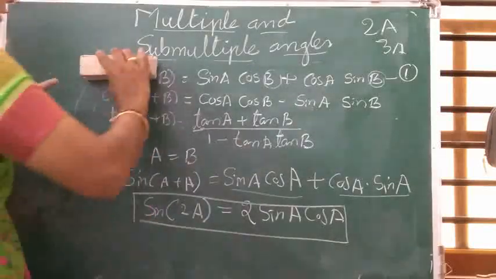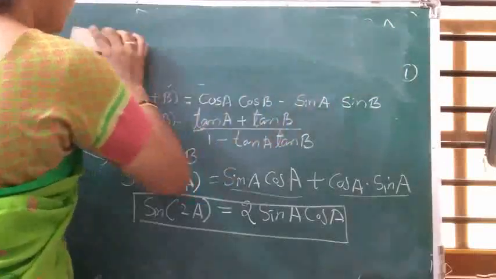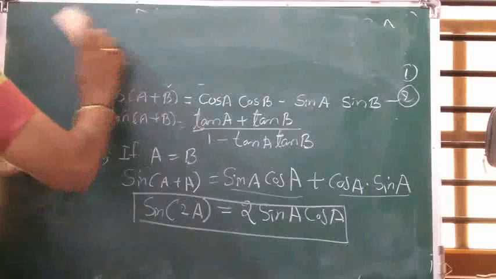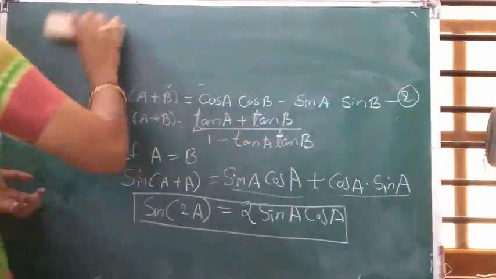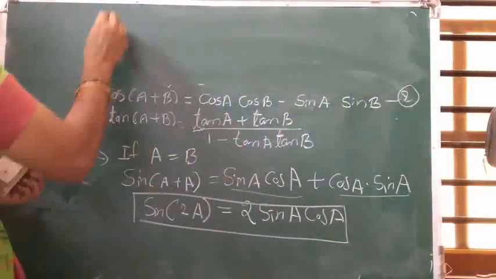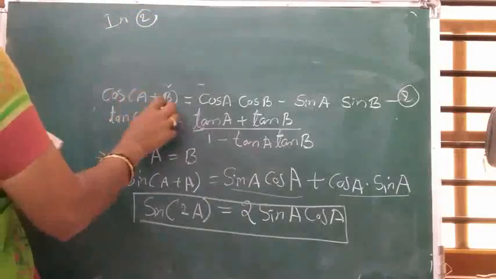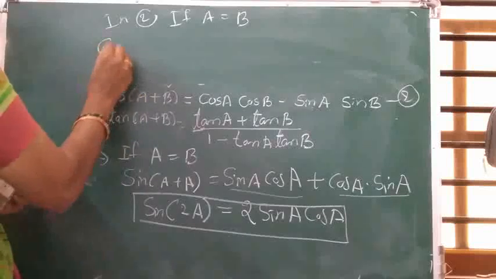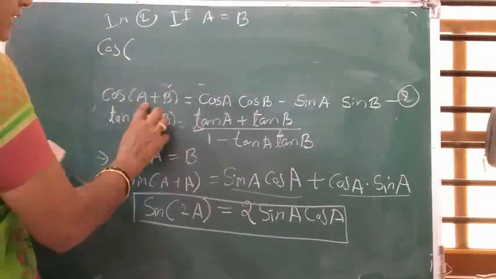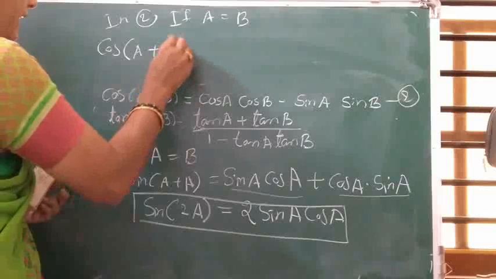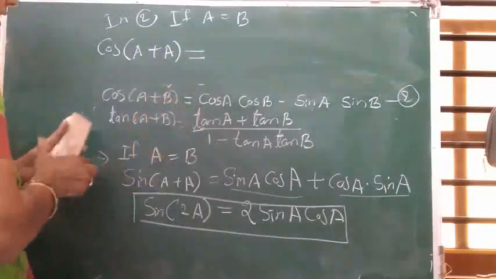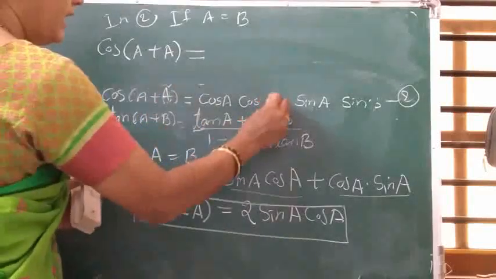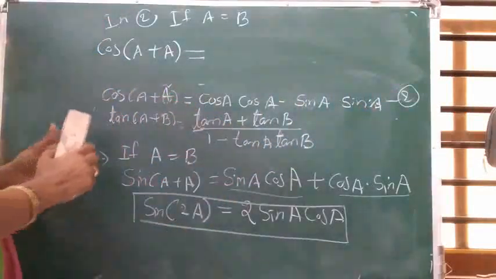Similarly, from the second formula, I will prove the formula for cos 2a. In formula 2, if a is equal to b, then what happens? Cos of a plus b is there. Here, if I take b as a only, I replace b by a. I hope you understood.